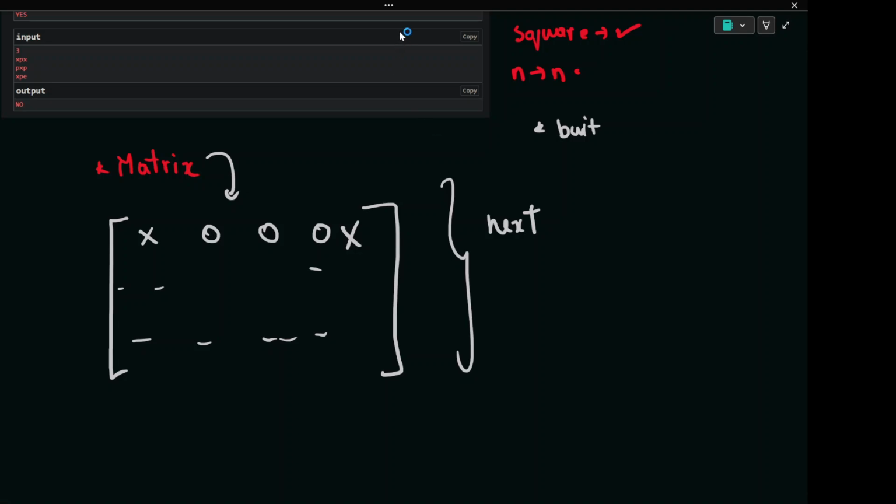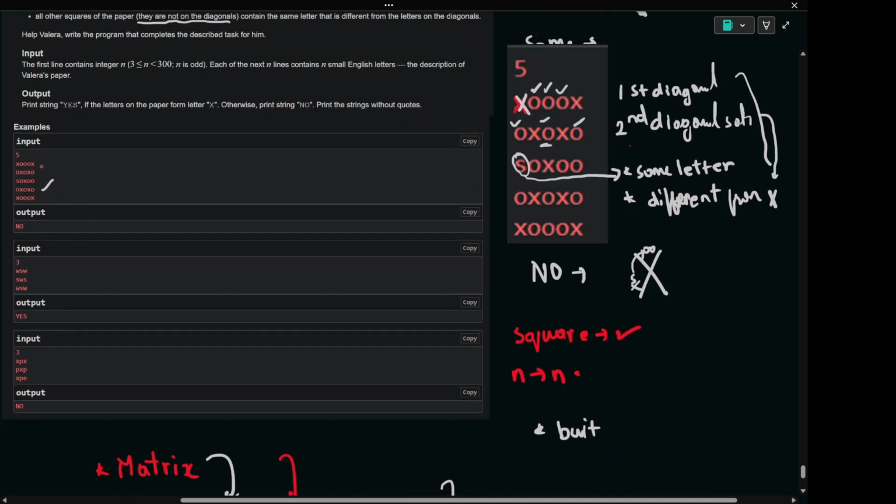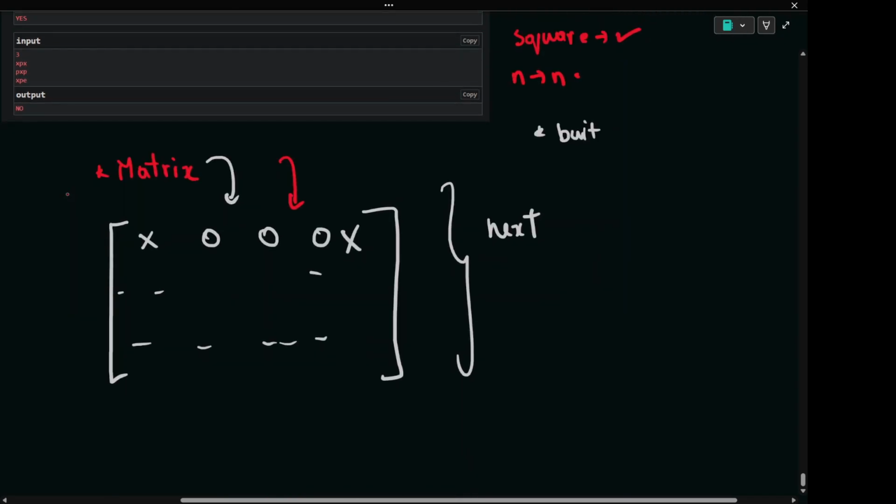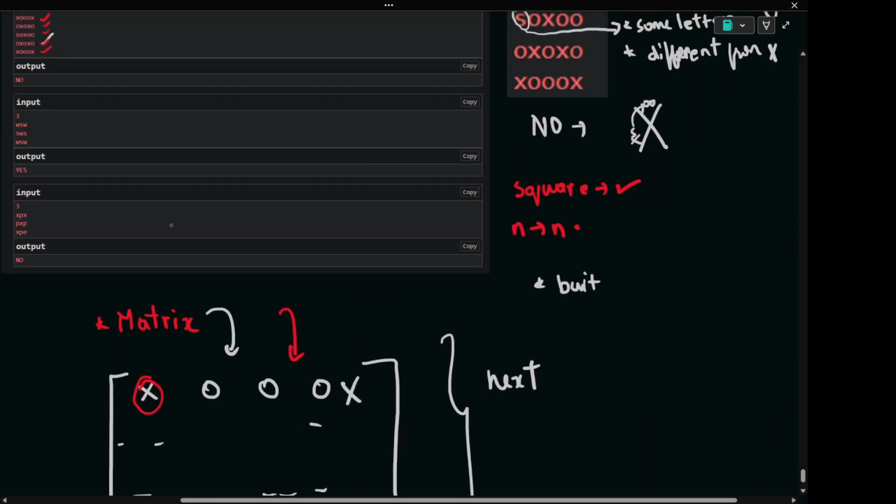So wait, I have a doubt, guys. Do you have any doubts in how to form a matrix out of the string? Like this string is given, right? Anyone has a doubt on how to form a matrix, or is it clear? Like when I say we're gonna form a matrix of n into n, wherein every element in that matrix represents the character at a particular string.